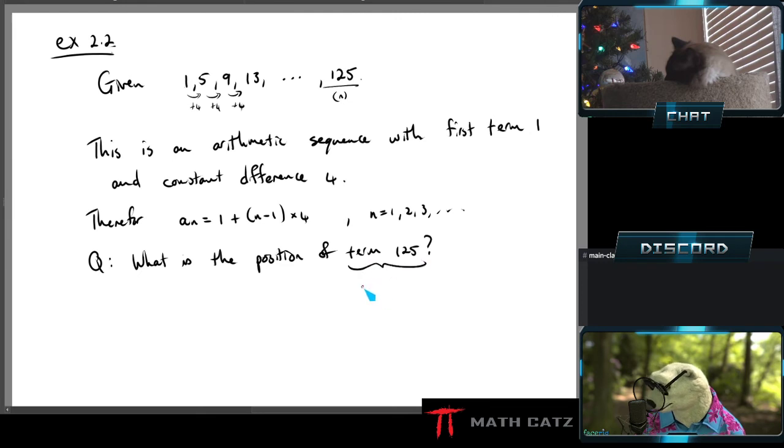So for term 125, I can set my general name for the term as 125, and then find what n is, what is the position that corresponds to it. So plug 125 into our formula, which then becomes an equation, I suppose.